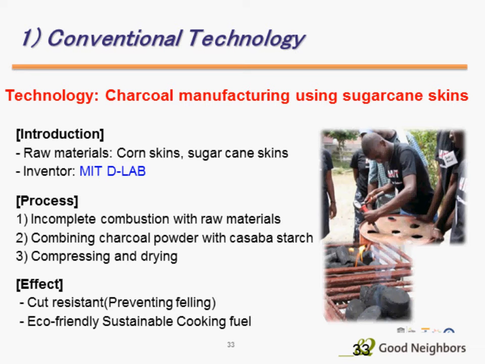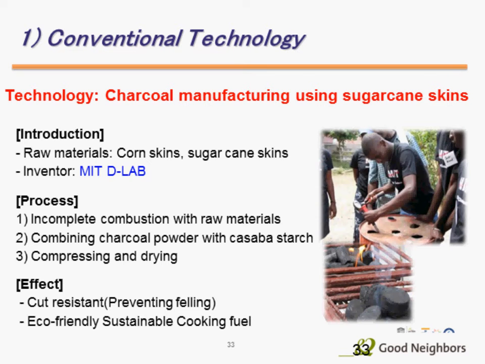After placing the sugarcane skins inside the kiln, and after lighting and spreading the fire, combine the charcoal powder with cassava powder, use a simple compressor, and finally compress and dry. In Chad, sugarcane is common and cassava is a commonly used edible plant.